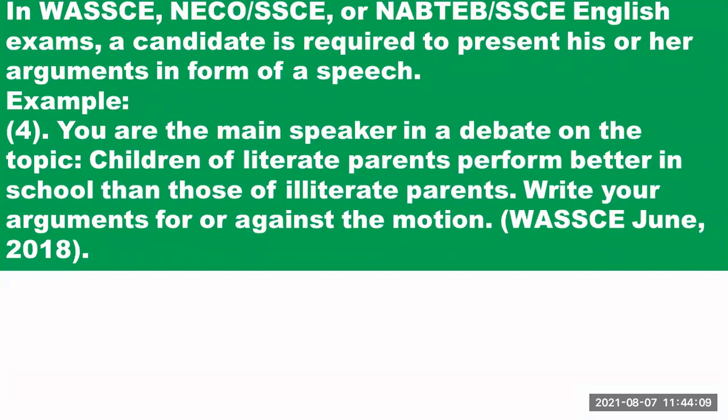Now, in the West African Senior School Certificate Examination or National Examinations Council SSCE or NABTEB SSCE English exams, a candidate is required to present his or her arguments in form of a speech. For example, we look at the West African Senior School Certificate Examination of June 2018.